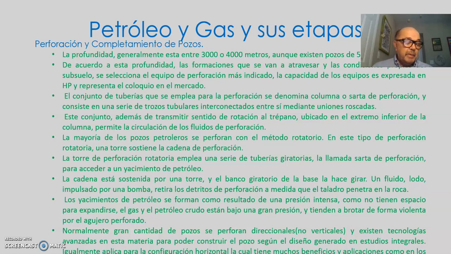I don't know if you remember, some years ago in the Gulf of Mexico they had a spill, a blowout, and that drilling company broke after that because it's very risky and expensive to control a blowout.